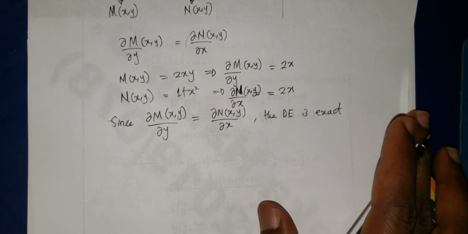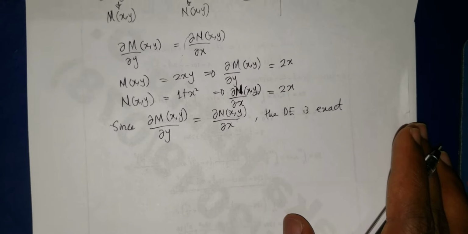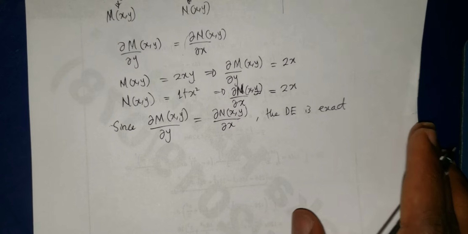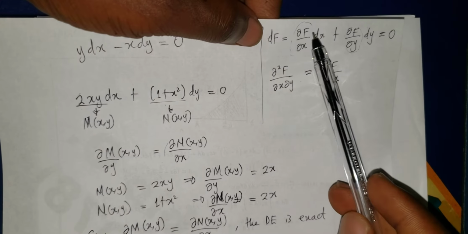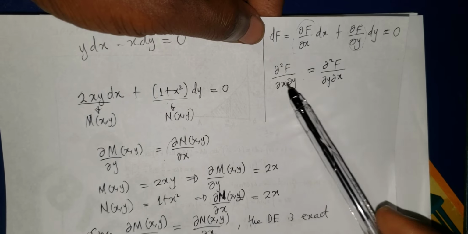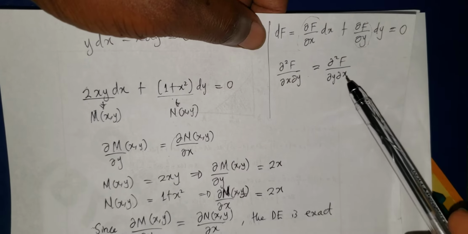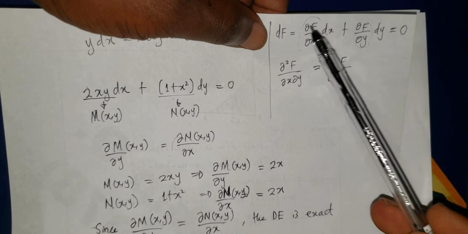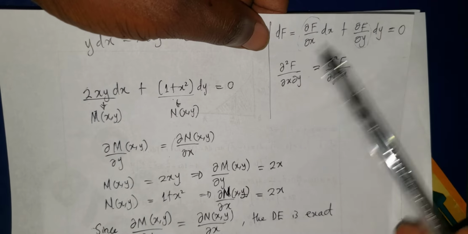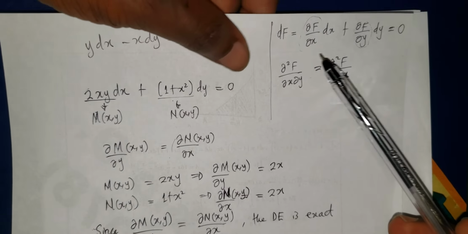Then we are told that if it's exact, we should solve the differential equation. To solve this differential equation means that we should obtain that function f which depends on x comma y, which will define y implicitly as a function of x. So you are going to have an implicit function as a solution to this exact differential equation.